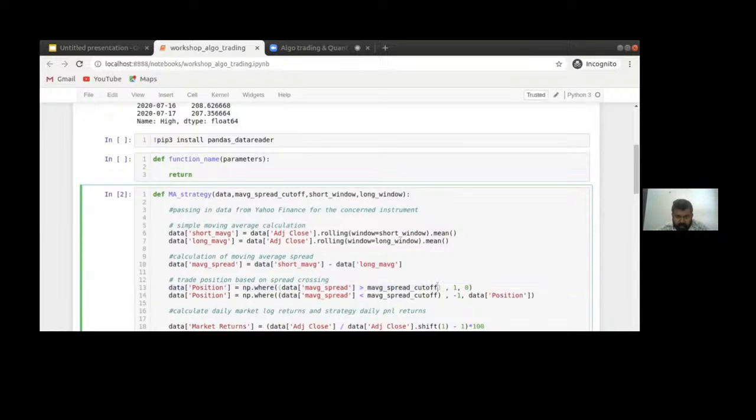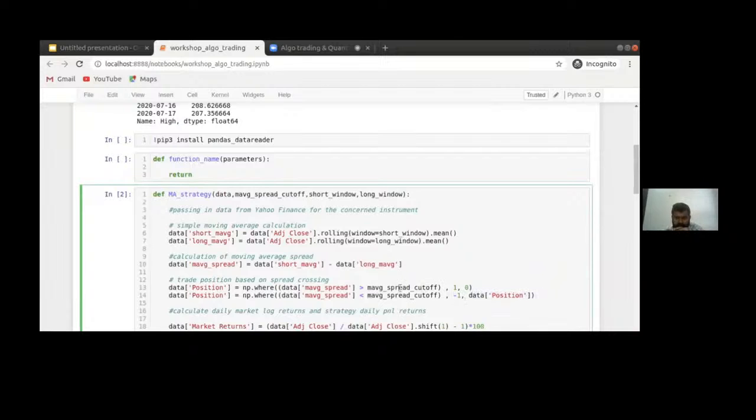And if it is above my spread cutoff, I take a long position and I denote it by one. Otherwise, it's zero. And then again, I check if it's less than my spread cutoff. And if it is so, then I put -1, which denotes the short position.